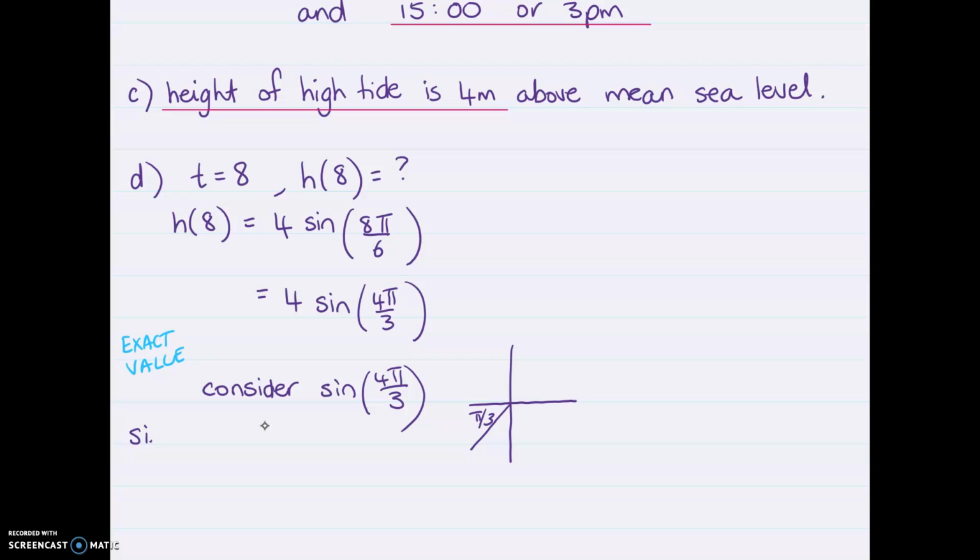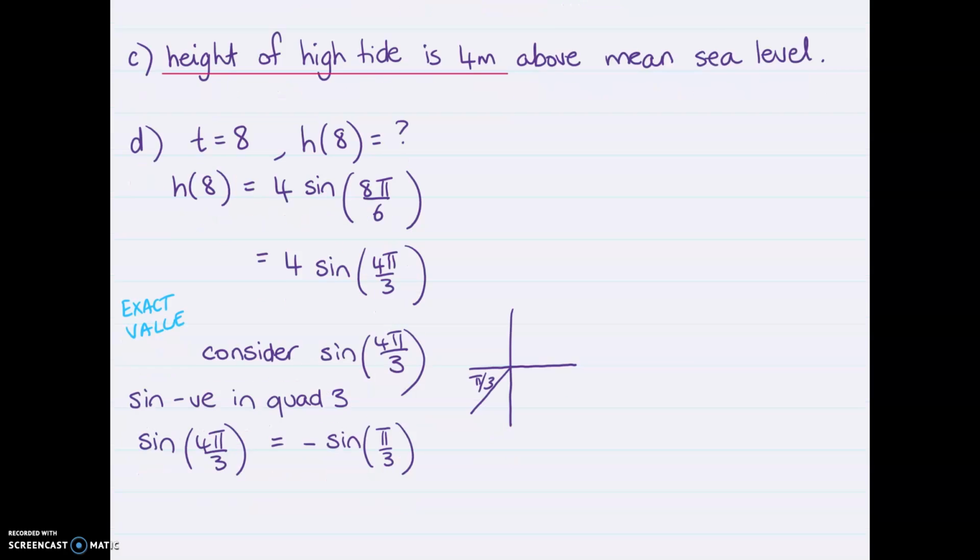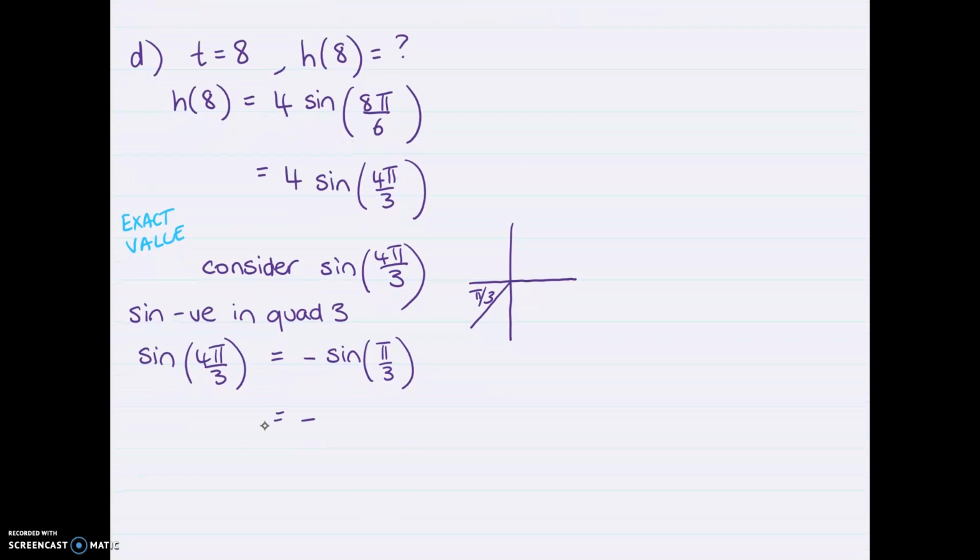Sine is negative in that quadrant. That means that sine of 4 pi on 3 is the same as the y-coordinate in quadrant 1, sine of pi on 3, but we just need to note that the answer will be negative. So it's going to be negative.